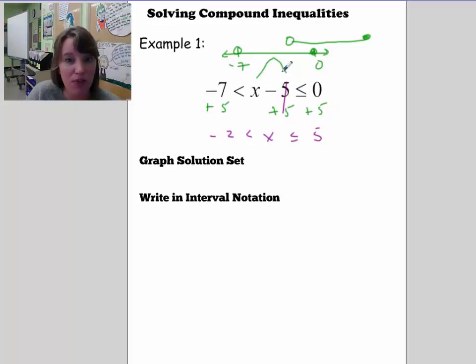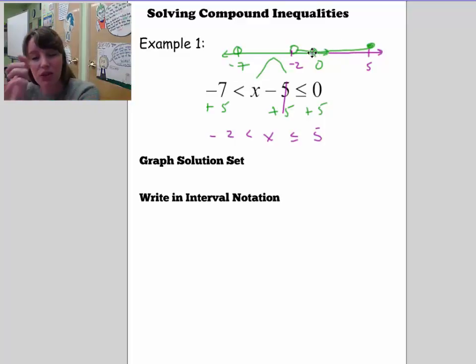So if x minus 5 is between -7 and 0, then x itself must be between -2 and 5. So you see how I did that? If the original expression lies here, then when you add 5 to everything, the lower bound and the upper bound shift up by 5.